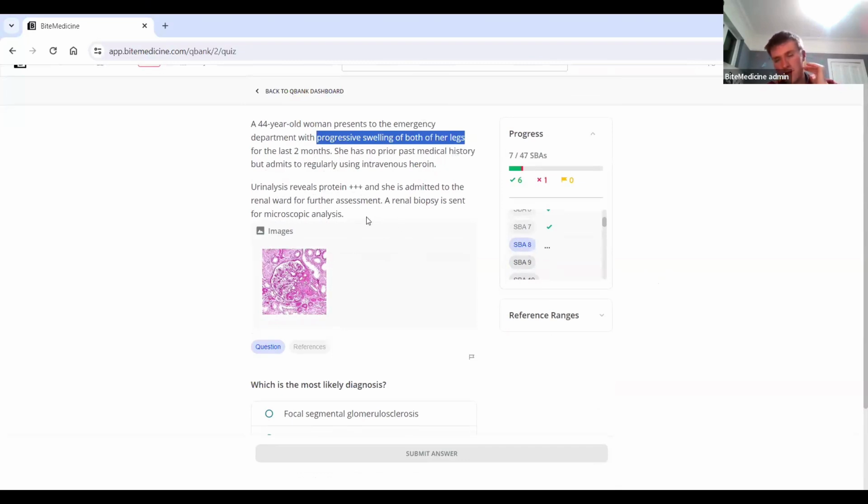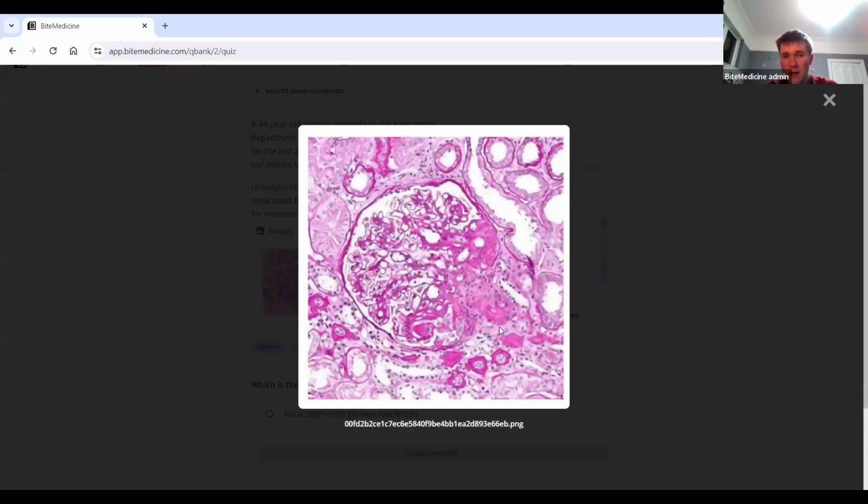So I think often SBAs are a little bit contrived. I think it's important to remember that a patient wouldn't necessarily get a renal biopsy immediately, but if there was a strong suggestion that biopsy would help, then maybe it would be expedited. So they want us to look at this. Now, I actually think you can get this diagnosis from a couple of the clues in the history.